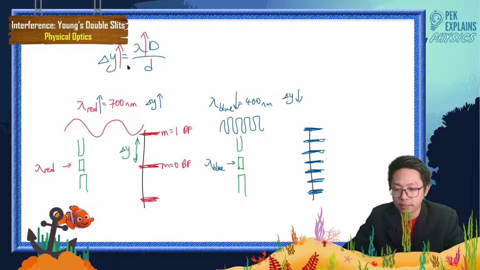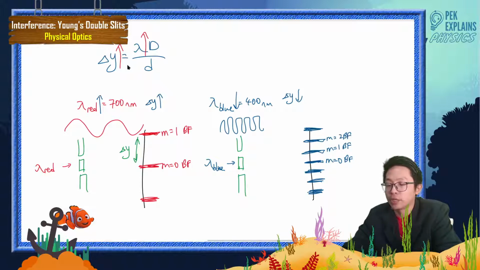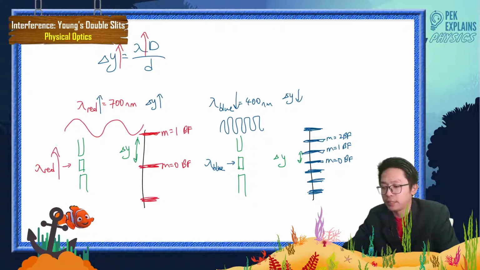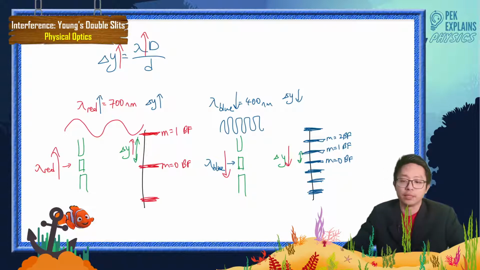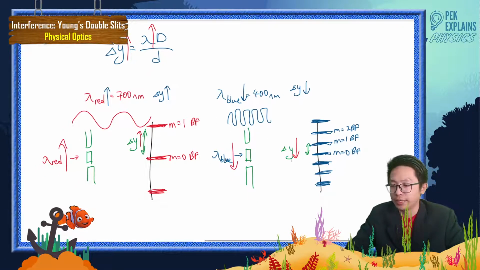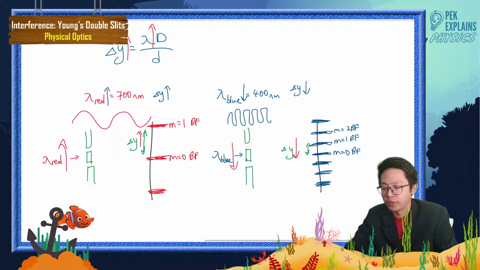So this is the zero order bright fringe, this is the first order bright fringe, and this is the second order bright fringe. The separation is much smaller. Here, lambda is bigger, delta y is bigger. Here, lambda is smaller, delta y also becomes smaller. In this case the fringes are further apart from each other.